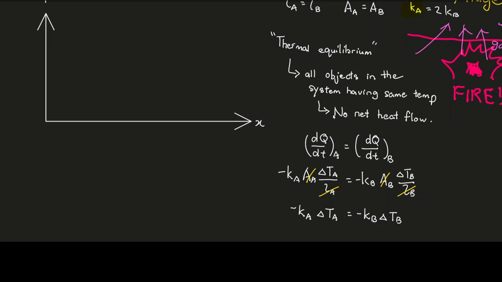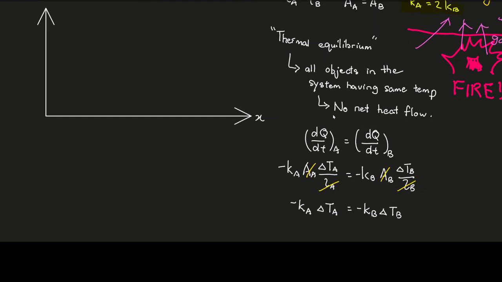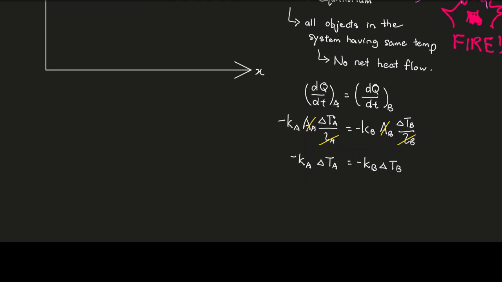Sorry, it's a bit messy. KA is equal to 2 KB. So what will happen is, KA equals 2 KB, bring in 2 KB delta TA equals negative KB delta TB. So what to do now? KB is the same, negative sign is the same. So now we end up with 2 delta TA is equal to delta TB.